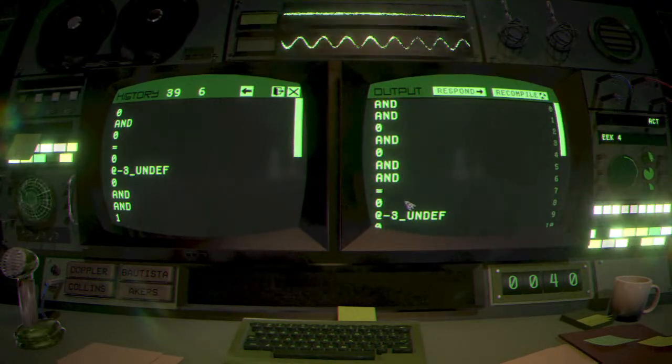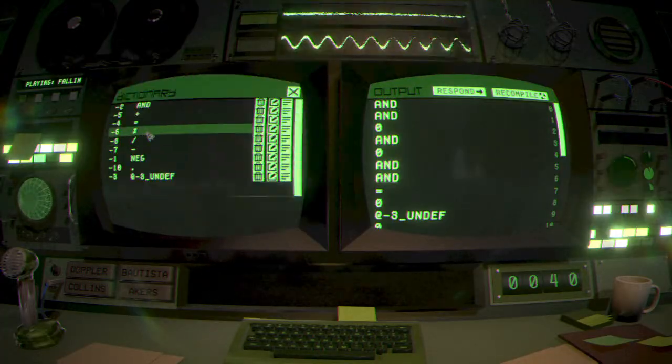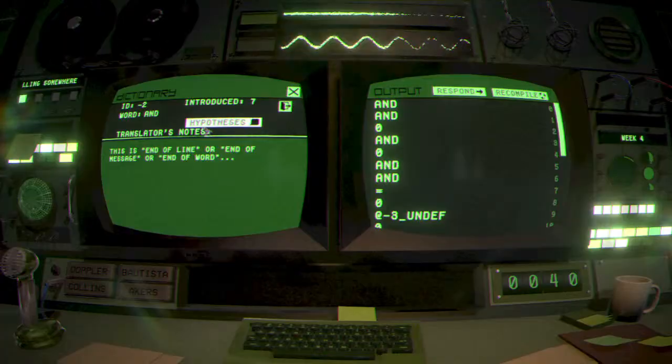Like maybe I've misunderstood what this symbol has been the whole time.